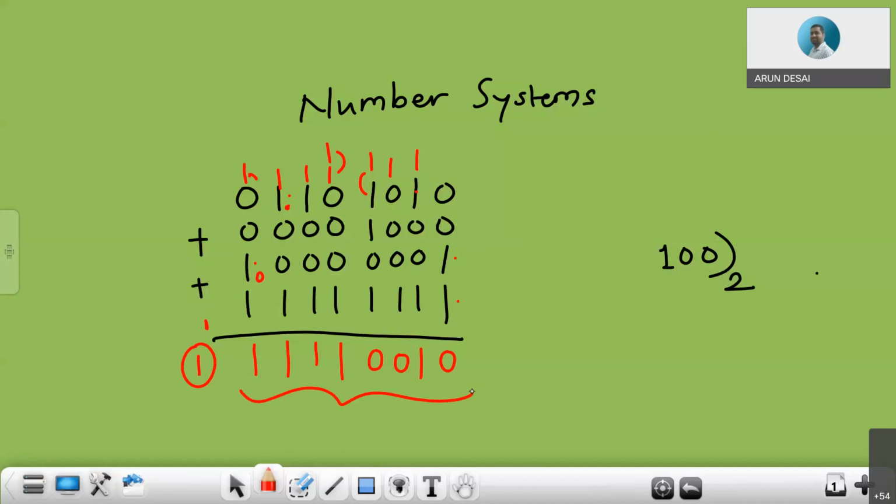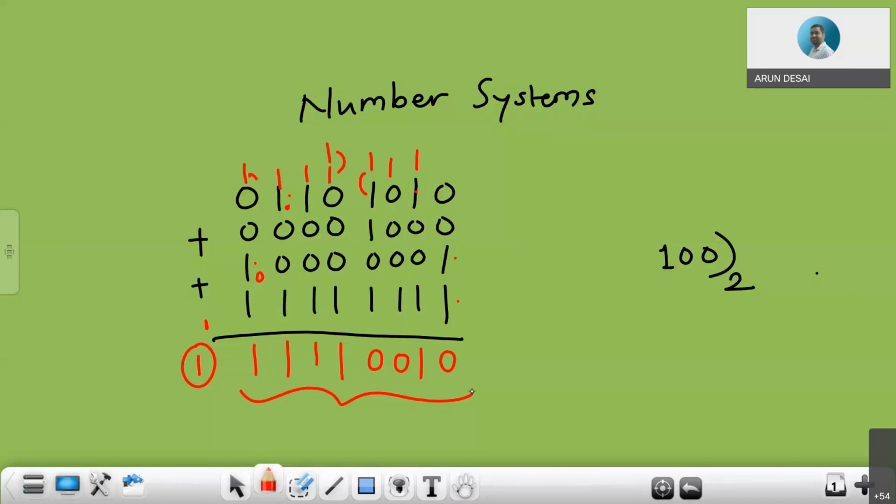Likewise, you can add and subtract. Borrow is also treated like carry in case of binary subtraction, right? You need to keep that as borrow for the next digit. Wherever 1 plus 1 is 0, a carry is generated, and you need to pass that carry to the next digit, right?